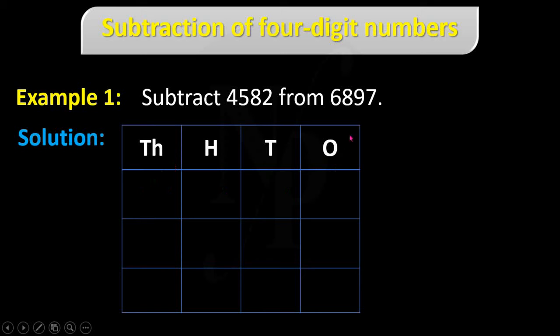In the second row we will write down the second number among the given two numbers, that is 6897. 6 is in thousands place, 8 is in hundreds place, 9 is in tens place, and 7 is in ones place.